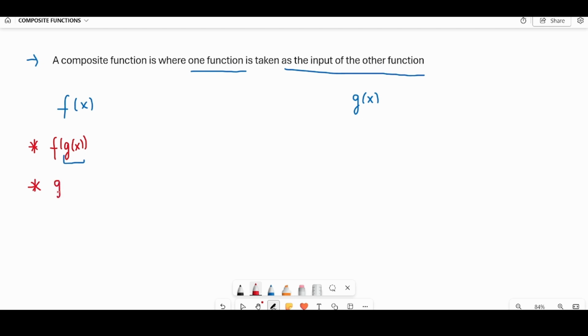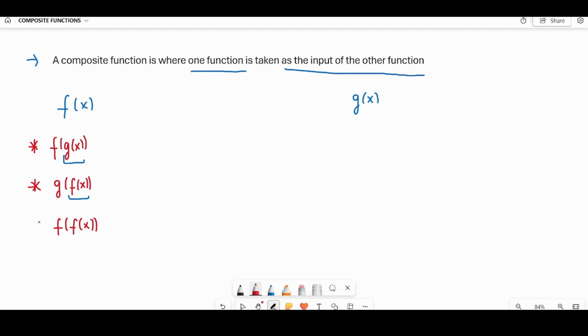Now, what are the other composite functions that we can form here? So we can form g of f of x. Here you can see that g is the function where f of x is your input. Then we can also have f of f of x. Here you can see that the function is f and its input is also f.